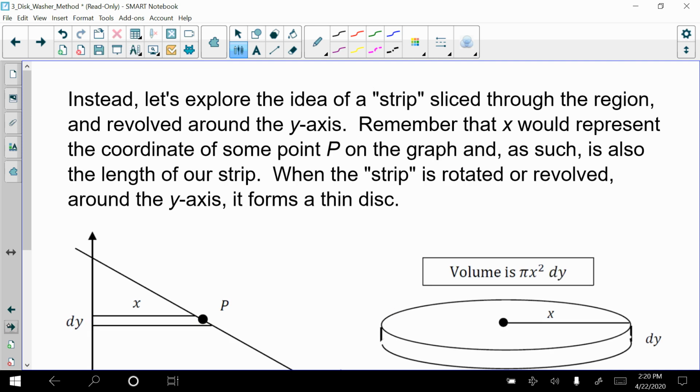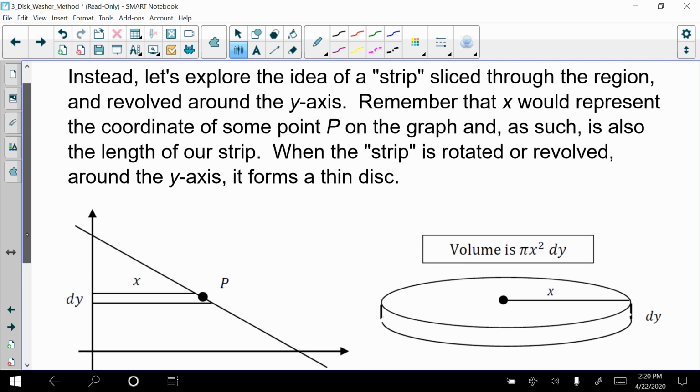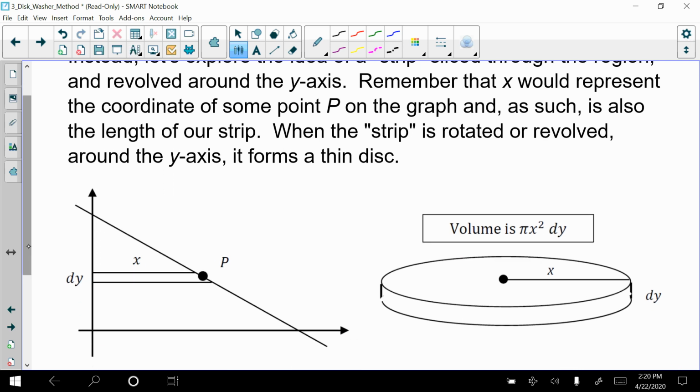And what you're seeing here is essentially that idea. So we have the same graph that we're going to be slicing up into smaller and smaller and smaller slices. And so we have this change in the vertical where we have dy, and we want to make that as small as possible.